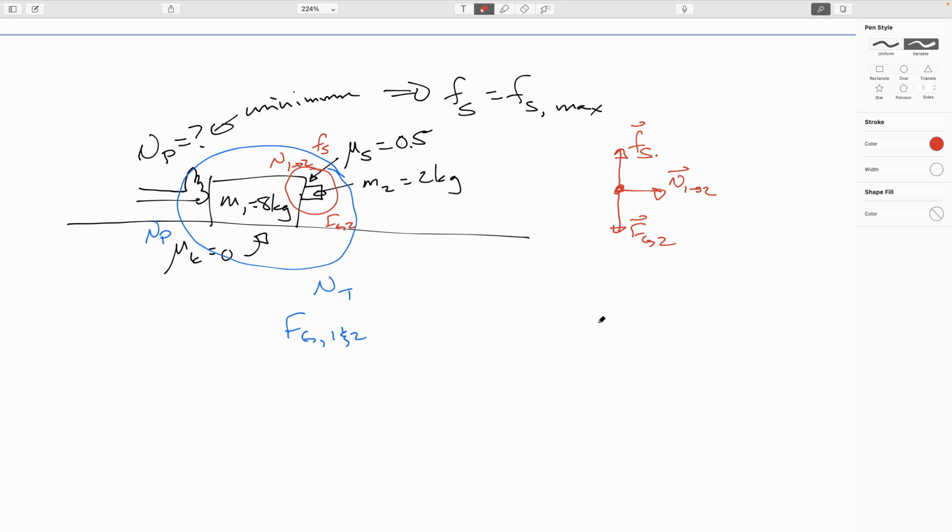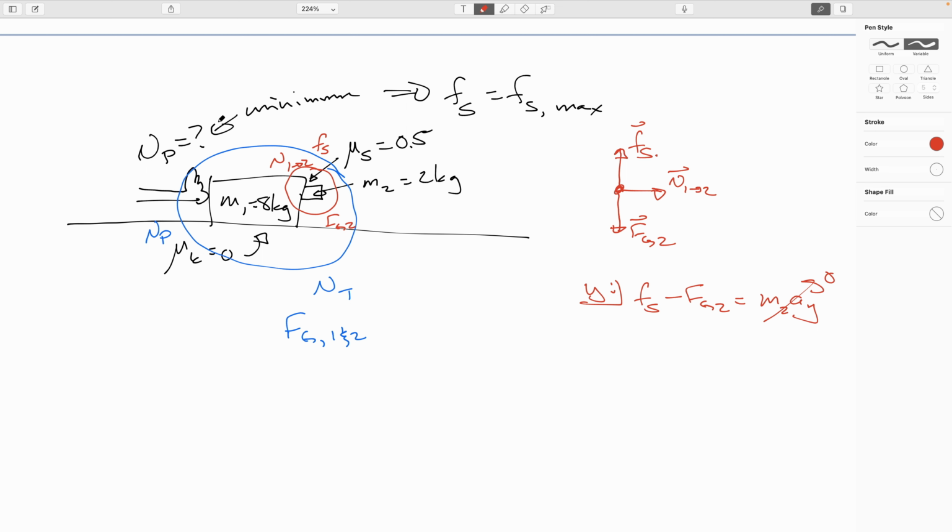So when I go and look at this, in the land of Y, I have the force of static friction acting up. I have Fg2 acting down. That equals M2 A sub Y. A sub Y is 0.